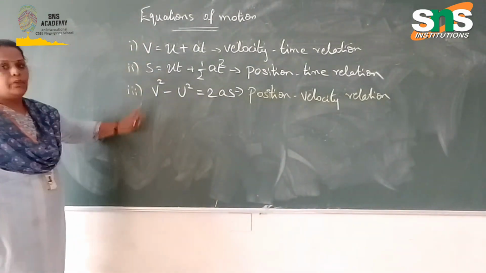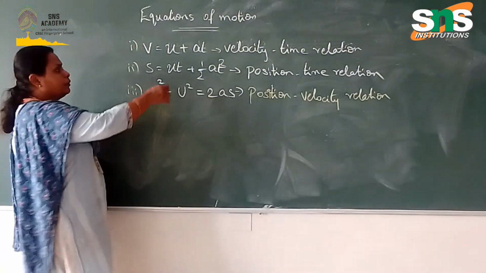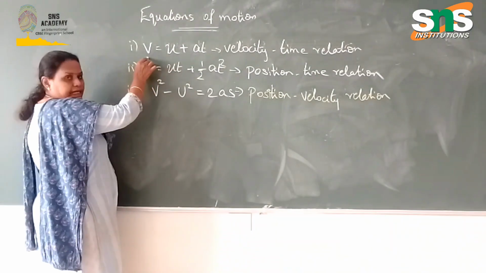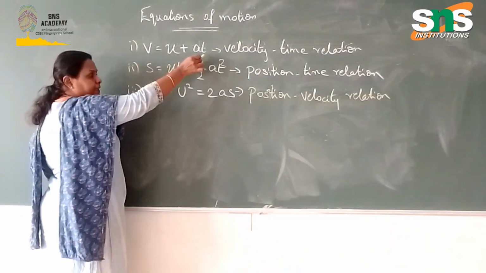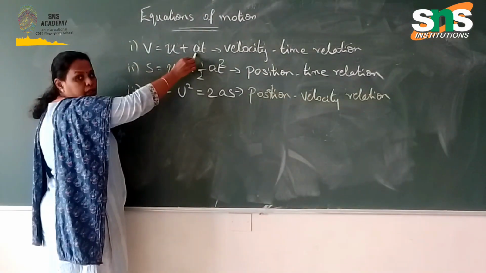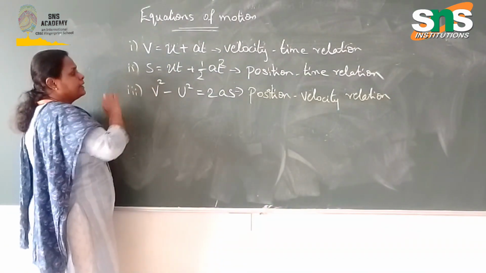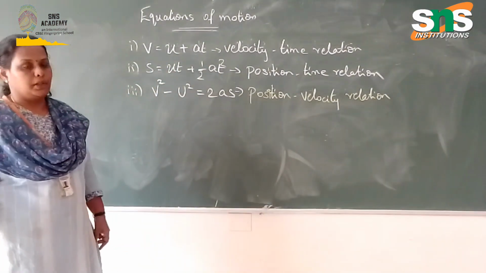So these are the three equations of motion, where u is the initial velocity, v is the final velocity, t is the time interval, a is the acceleration, and s is the distance covered.